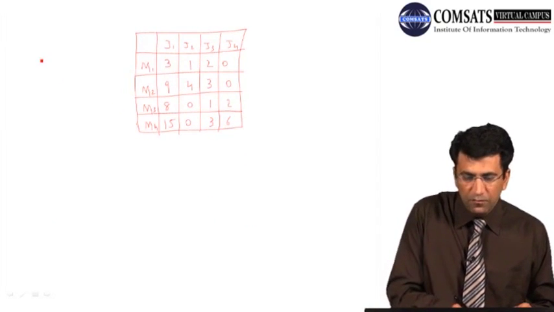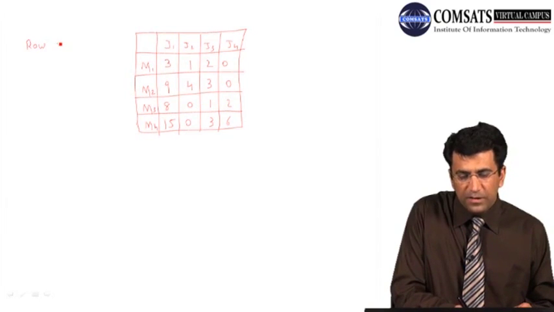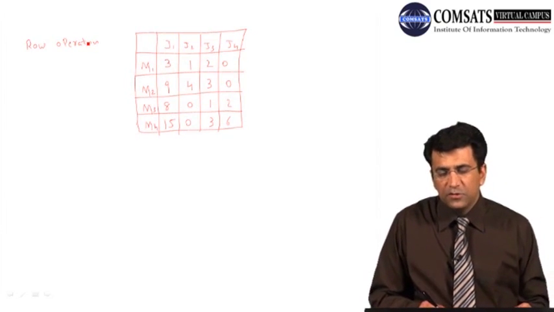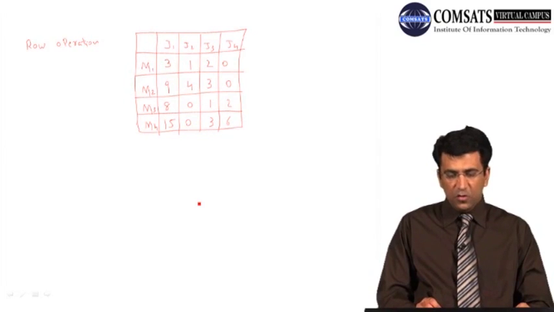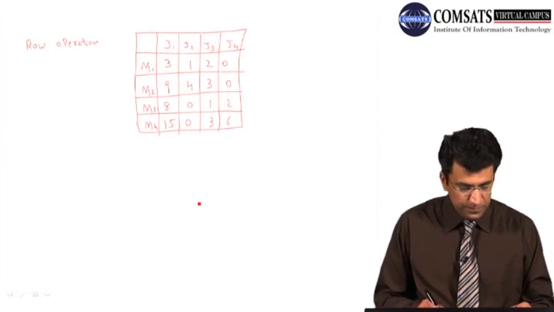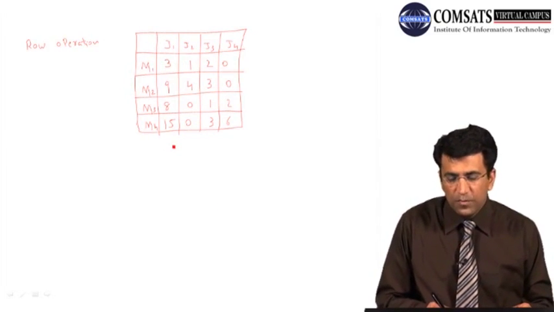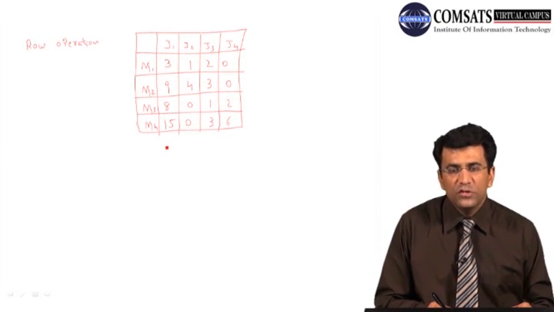What we did in this particular step, we applied the row operation, and next, we will have to apply the column operation. Now for column operation, we'll have to find out the minimum value out of each column.